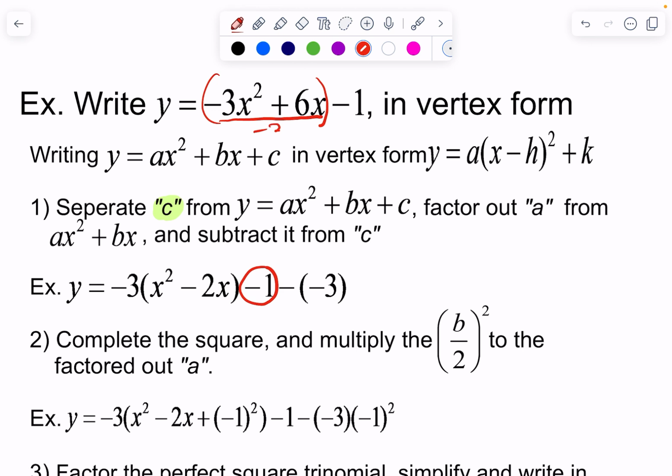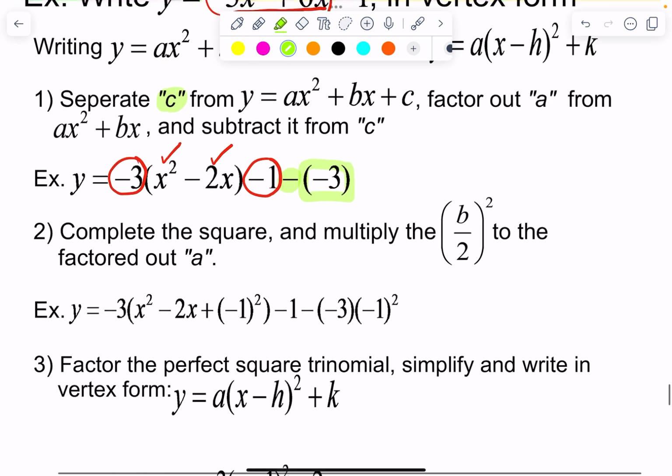So I'm going to divide -3 out. So that's where this -3 comes from. -3x squared divided by -3 is x squared. 6x divided by -3 is -2. And that -3 that I just factored out, I subtract it from the -1, the c that I isolated.